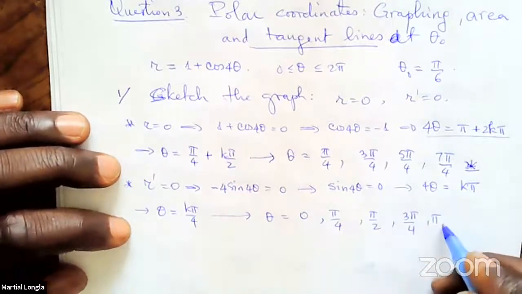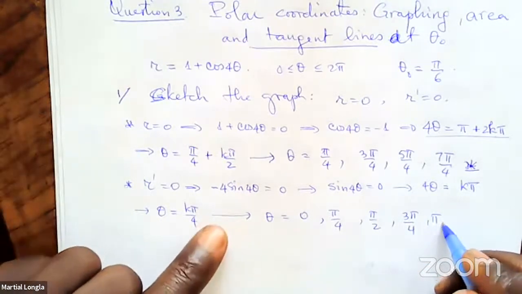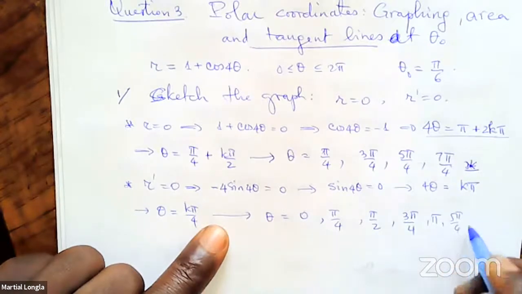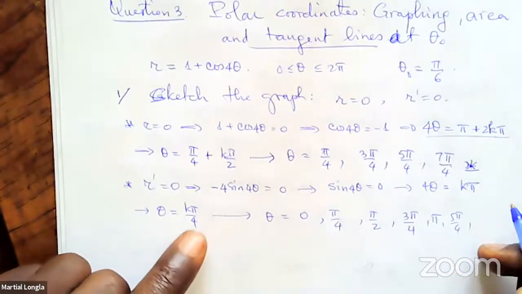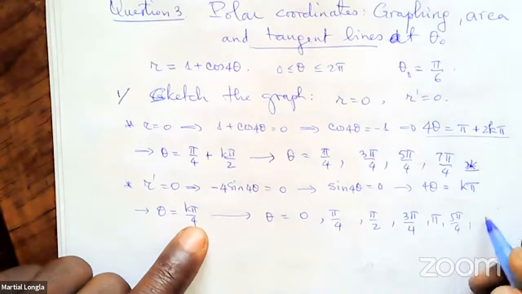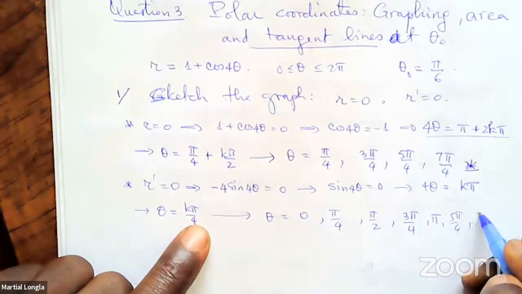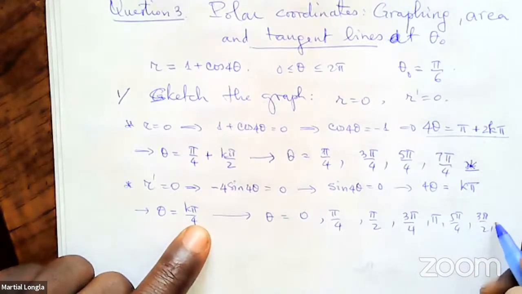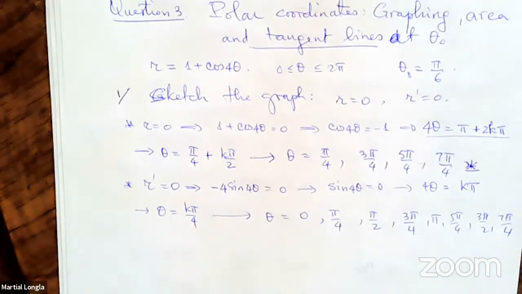And so on. So then you get 5 pi over 4, 3 pi over 2, 7 pi over 4. So you get a lot more. 1, 2, 3, 4, 5, 6, 7, 8.